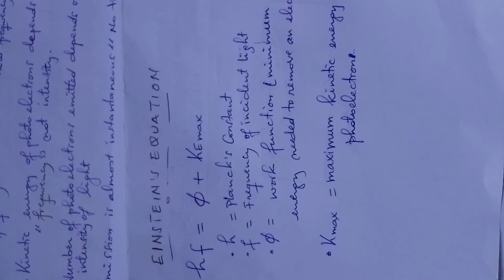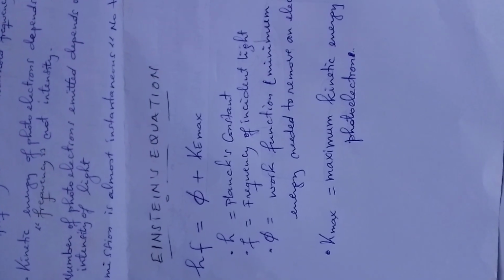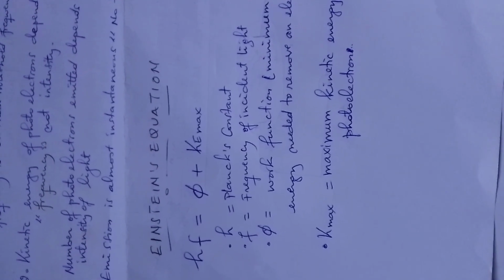hf is equal to phi plus KE, where hf stands for the energy of incident radiation, phi stands for the work function, then plus the kinetic energy of ejected electrons.